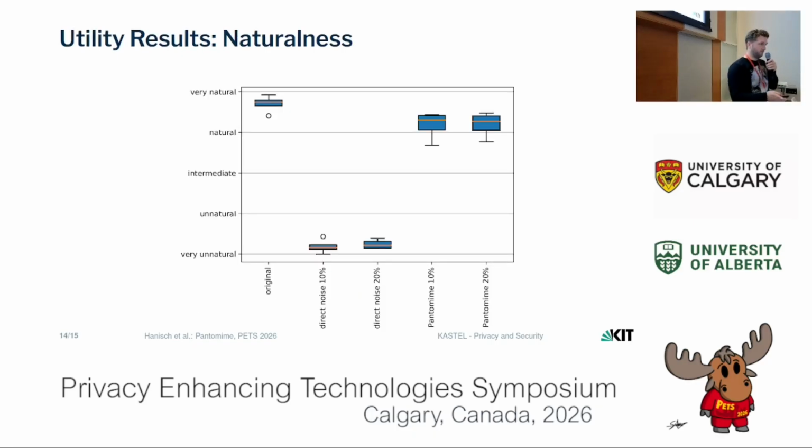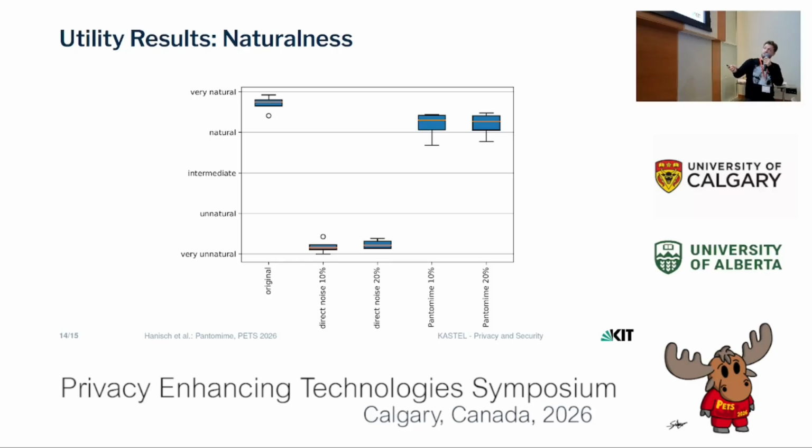Then looking at our user study, we asked our participants to rate from very natural to very unnatural how good they think the motion sequence looks to them. For the original data, we can see that it scores close to very natural, so what you would expect.